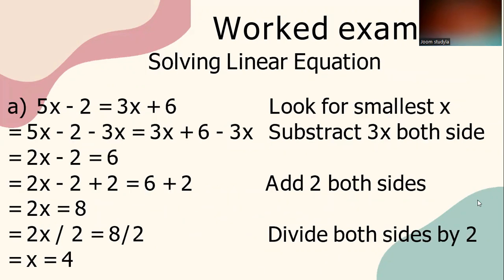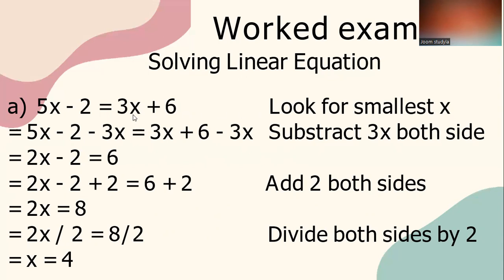Solving linear equations. To solve this problem, you first need to understand the stages of what is happening to x and then undo them in reverse order. For example, 5x - 2 = 3x + 6. First, you have to look for the smallest x.